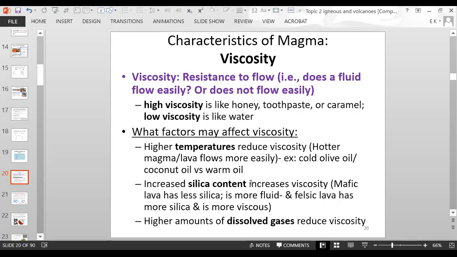Increasing silica content increases viscosity. So mafic lava or magma has less silica and is going to be more fluid. Felsic lava or magma has more silica and is going to be more viscous.